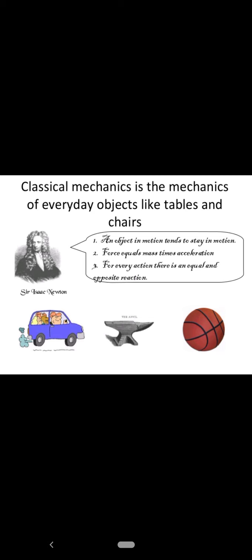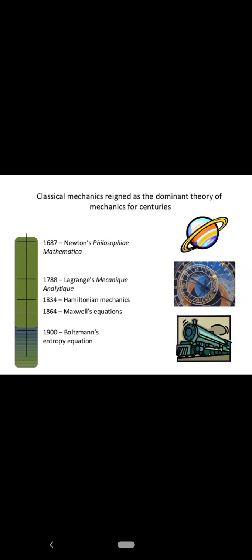Force equals mass times acceleration was the second law. And the third law: for every action there is an equal and opposite reaction. These three laws led to the foundation of classical mechanics. They were given in a book Newton published, Philosophiae Naturalis Principia Mathematica, in 1687.